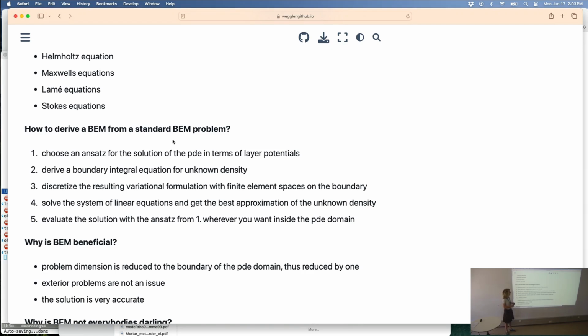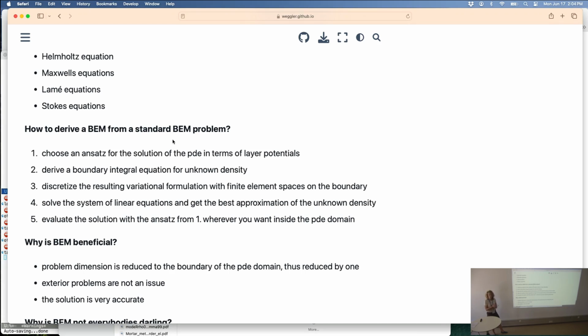For these standard problems, in case it's a homogeneous problem, we know what the solution looks like, or we know an ansatz for the solution. And this ansatz is a sum of layer potentials.